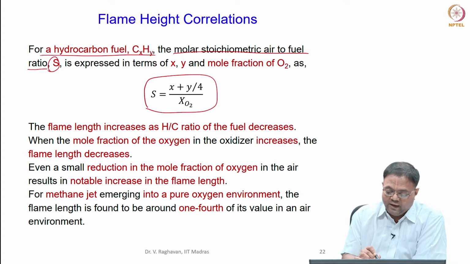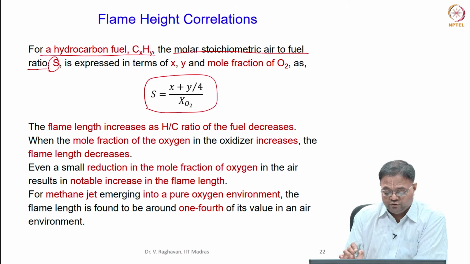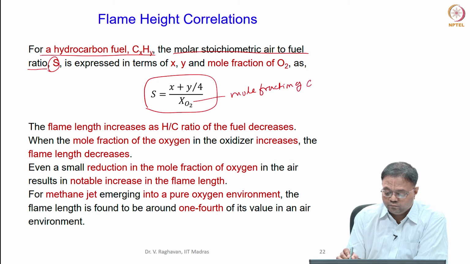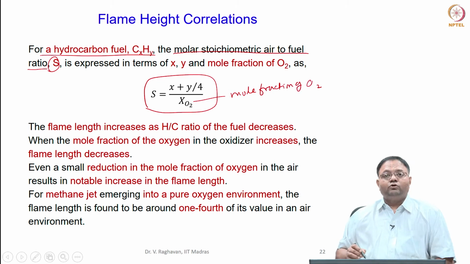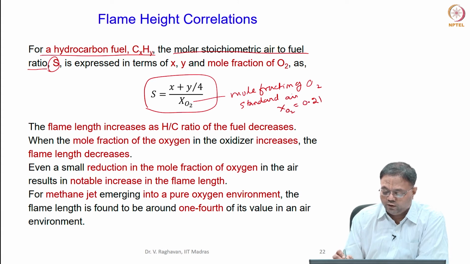Okay, so that is x plus y by 4, the number of moles of oxygen required in the stoichiometric equation, divided by the mole fraction of oxygen. So, this is when you take standard air, you have XO2 equal to 0.21.